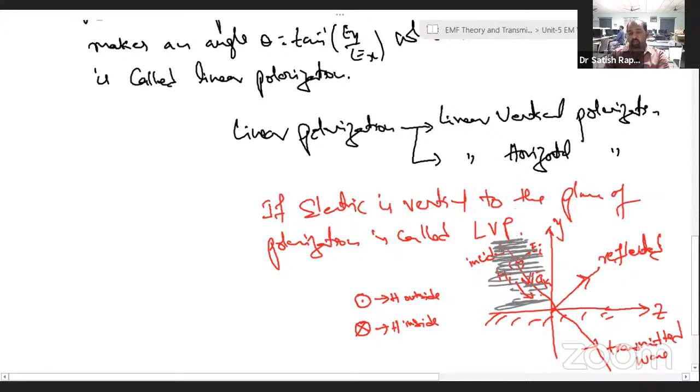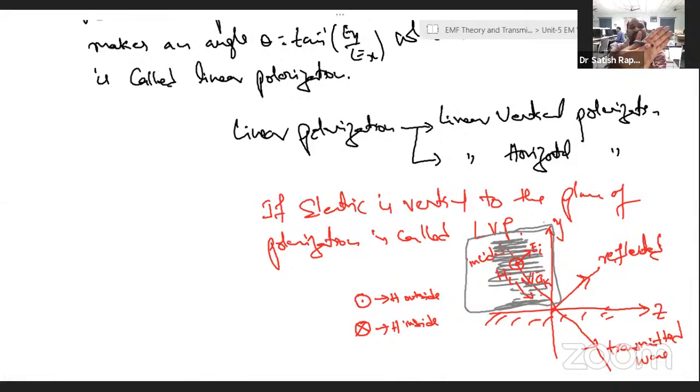This plane is called the plane of polarization, right? The electric field is parallel to this plane. So this is the plane, and this is the electric field, so the electric field is parallel.